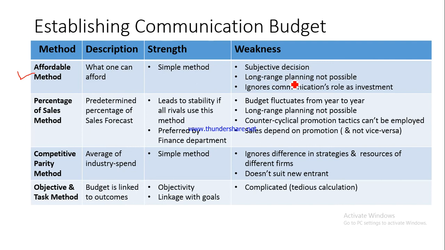Again, long range planning is not possible. Many a times when you are going for communication campaigns, it is not just for 1 year or 1 month or 2 months or 1 season. Generally you have a long-term plan in place, but if you go for this affordable method, you would not be able to plan for the long term, because every year you would be spending only whatever you can afford.